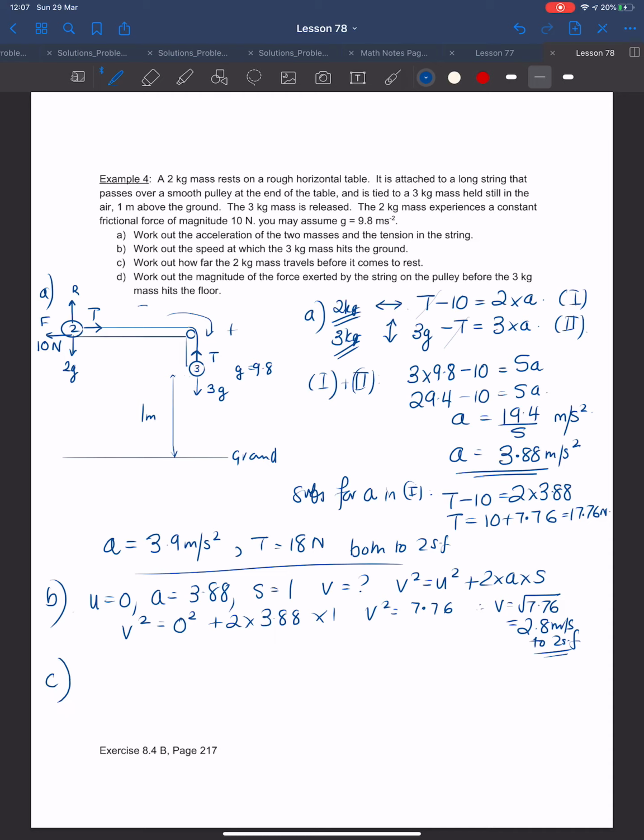Part C. Work out how far the 2 kg mass travels before it comes to rest. Let me just think about this.